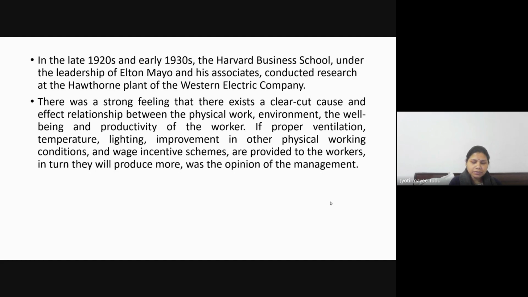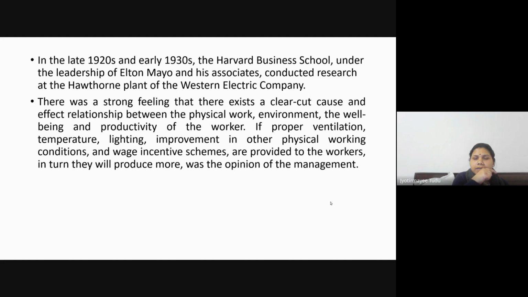So the assumption before conducting the experiment was that there is a relationship between the physical work environment, well-being and the productivity of the worker.